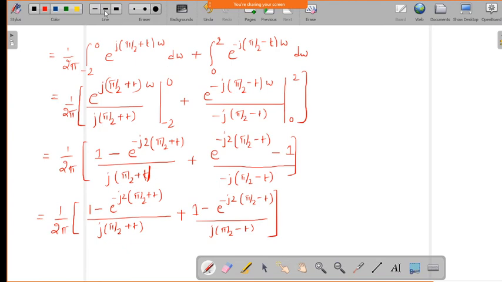So now what we'll get? Now we can expand this also. So e power j into 2 pi by 2 will give e power j pi.